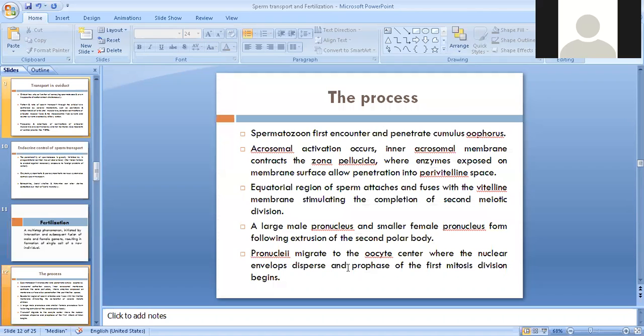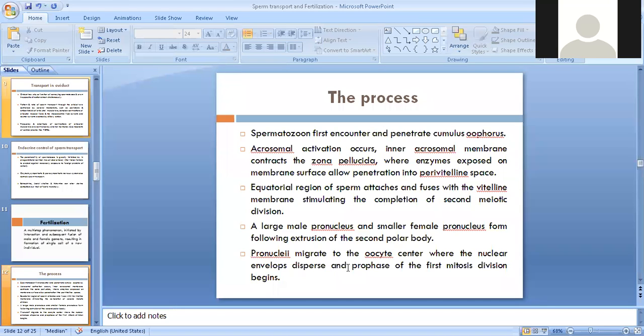This fertilization process occurs in a very systematic manner. Later during this lecture, I'll show you one video as well, an animated video, where you will be very clear about what this fertilization process is all about and how it happens.